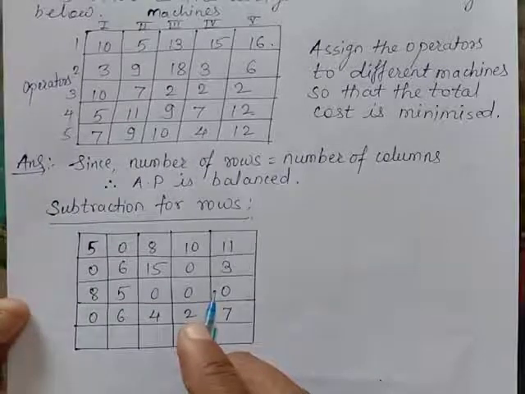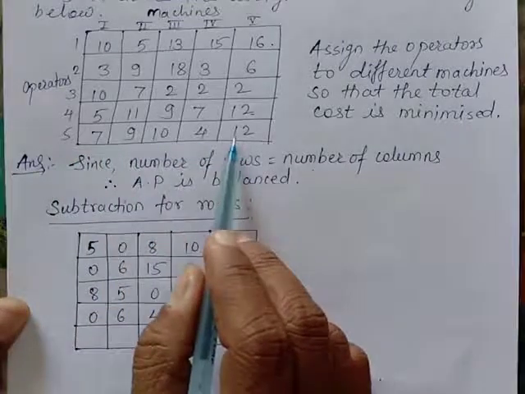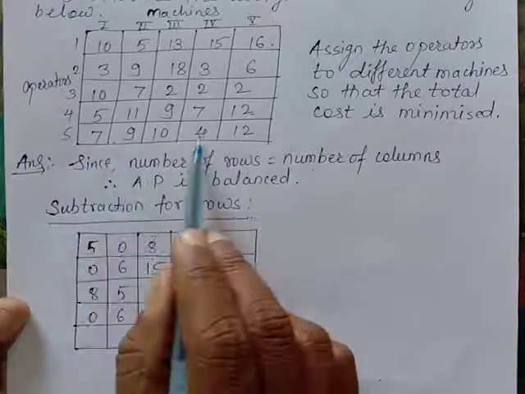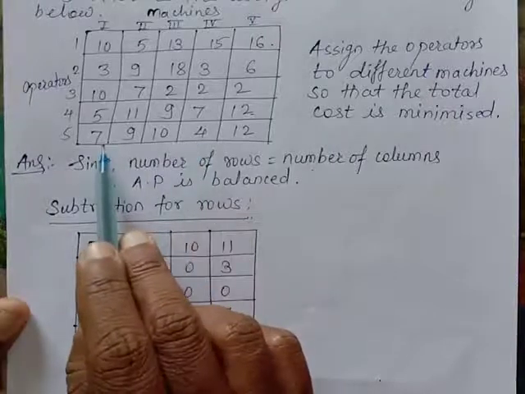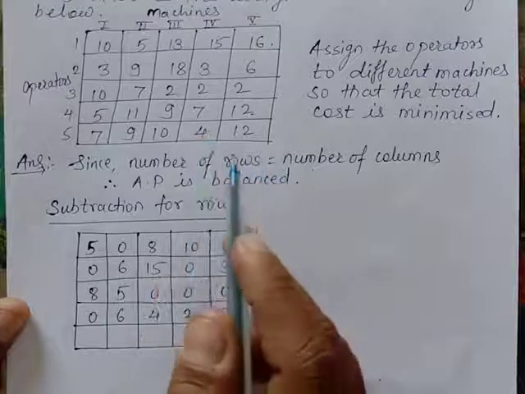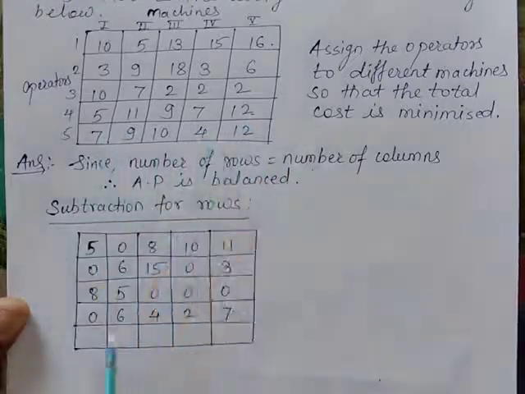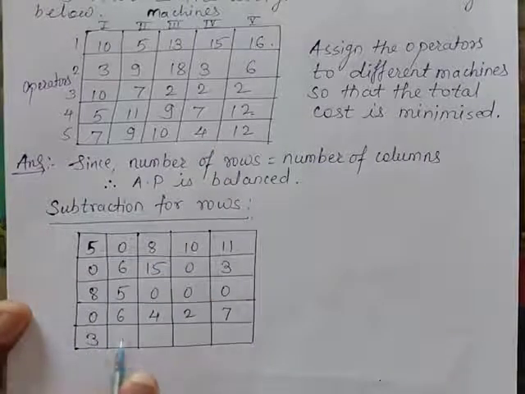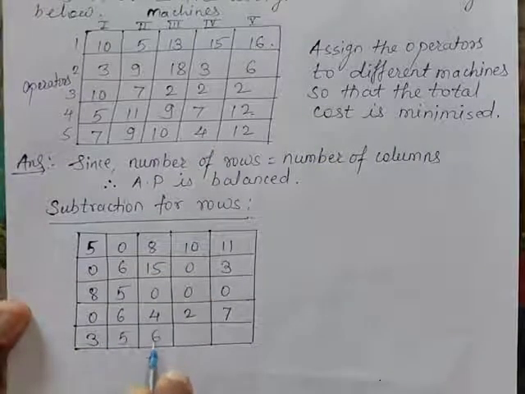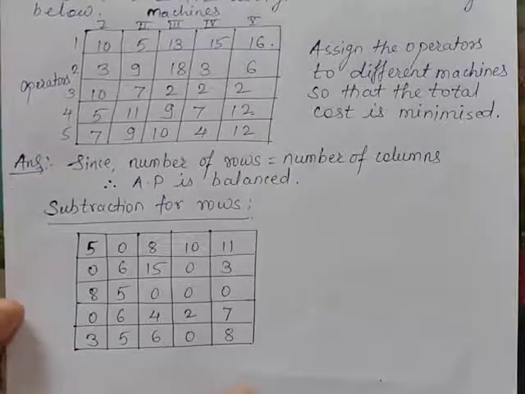Again, what is minimum in this row? Minimum in this row is 4. So we get 3, 5, 6, 0 and 8. These entries we are getting.